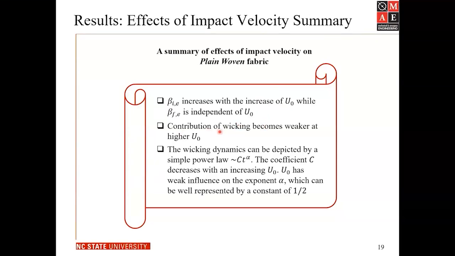We also find that the contribution of wicking becomes weaker at a higher impact velocity, and the wicking dynamics we can model by a simple power law function, and the coefficient depends on the velocity and actually decreases with increase in velocity. Also, this power 1/2 can correlate well with our data.